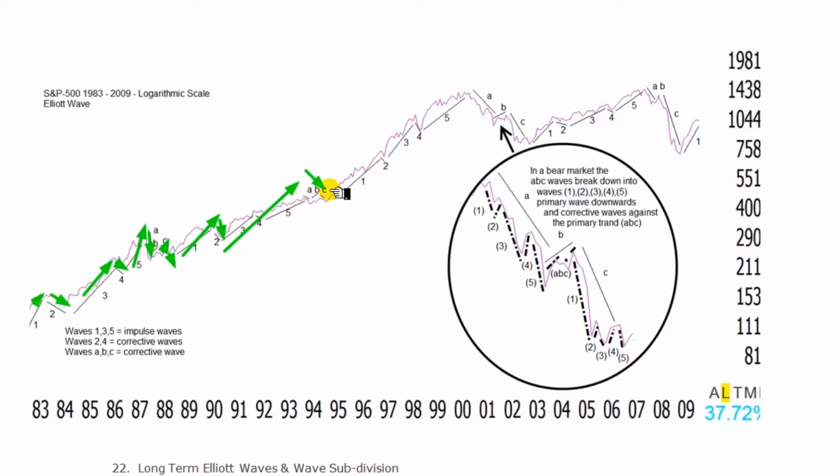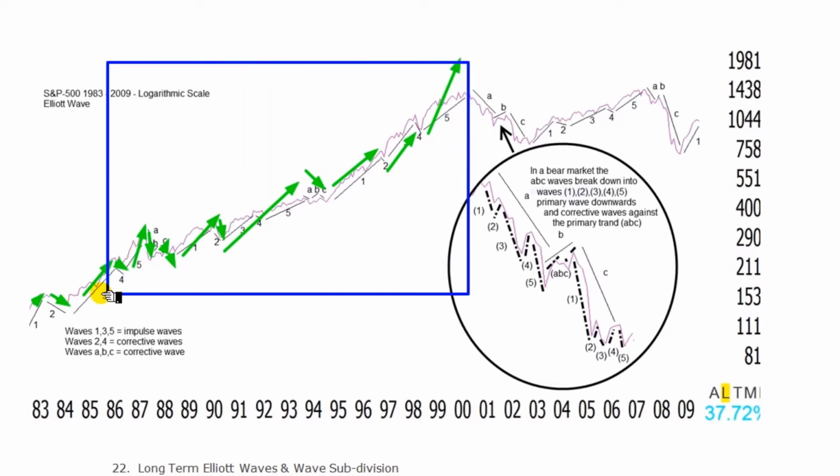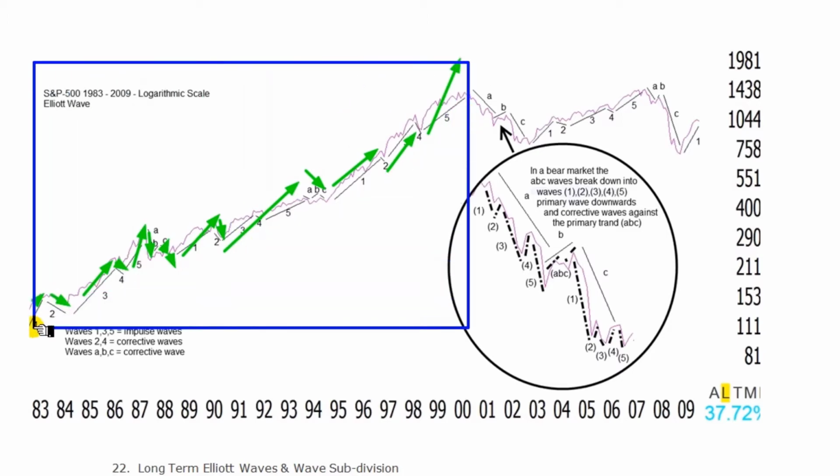Now the third leg of the bull market, from the mid-90s through to 2000, with 1, 2, 3, 4, 5. And now you can see here, this is essentially the peak of the 2000 dot-com bubble, and that would constitute essentially an entire huge bull market move.